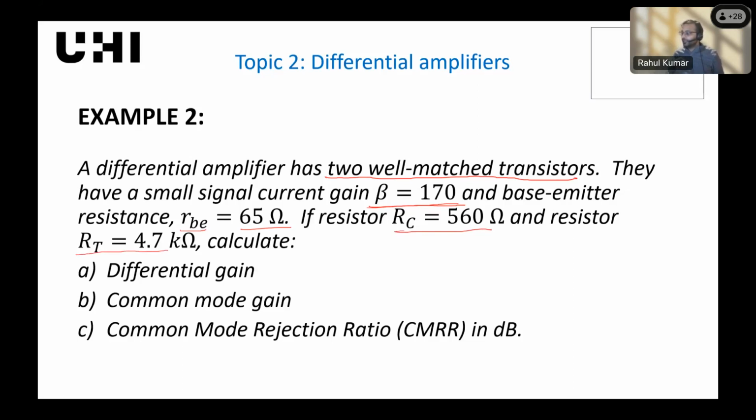We have to calculate the differential gain, the common mode gain, and then we have to calculate the CMRR in decibels. Okay, so all the values are given. We already know the formulas. We just have to calculate them.